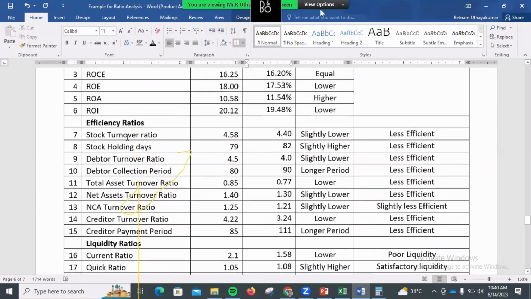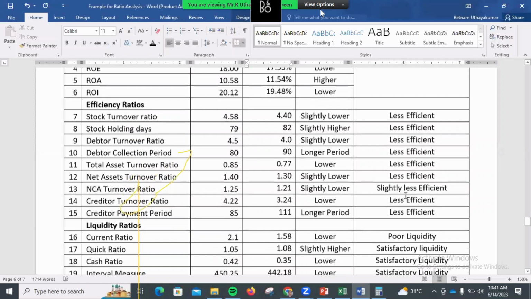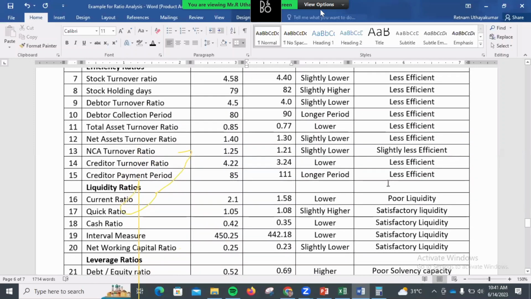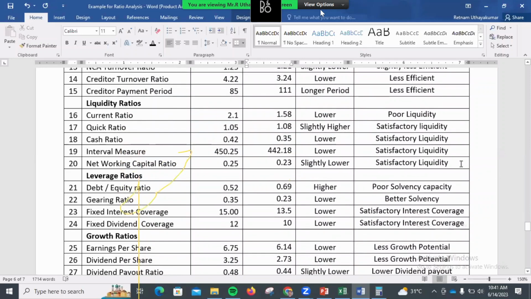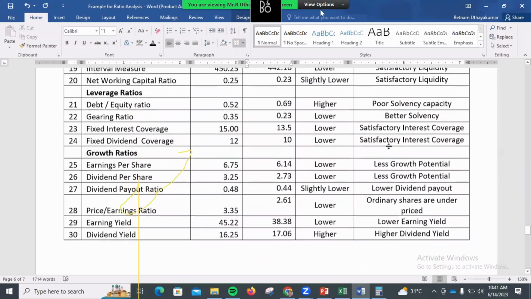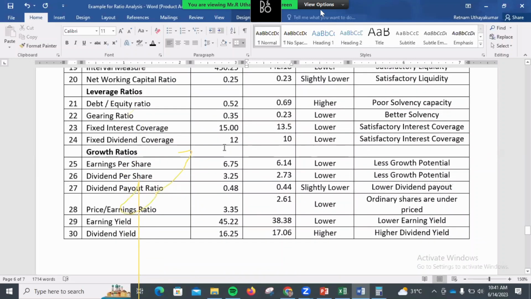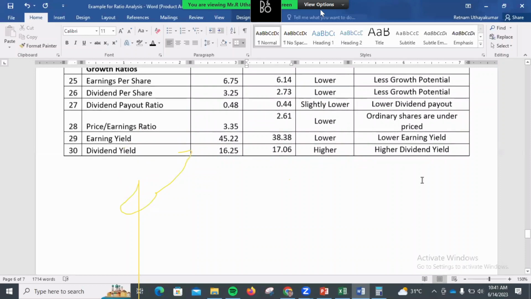And when you compare the efficiency, all are less efficient. So this firm is not operating efficiently in the industry. Then the liquidity also becomes poor when compared with the industrial average.